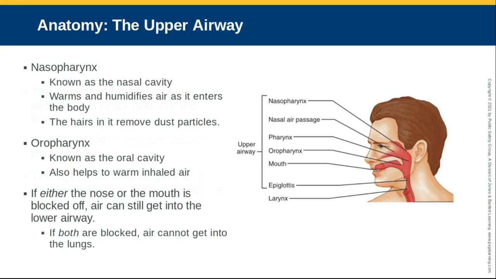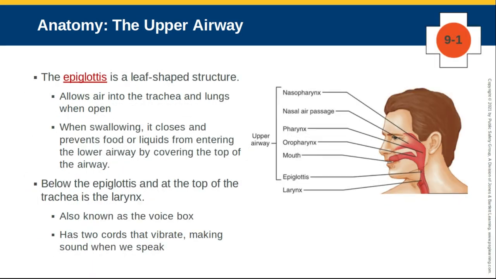But it's when both are blocked that we're going to have a problem. The epiglottis, as I said before, just allows air to enter into the trachea, but when you're swallowing, eating food, it's going to close off the trachea and direct foods or liquids down the esophagus, kind of that pathway to the digestive system. Remember, the upper airway stops at the larynx, which is the voice box.